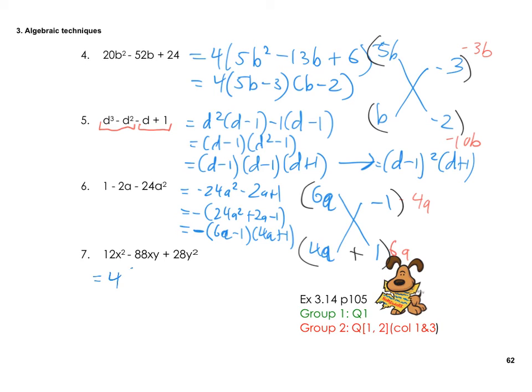So equals 4, 3x squared minus 22xy plus 7y squared. Okay, next step. This is non-monic, so draw up a cross. Now 3x squared, that's easy to split up. That's just going to be 3x and x.